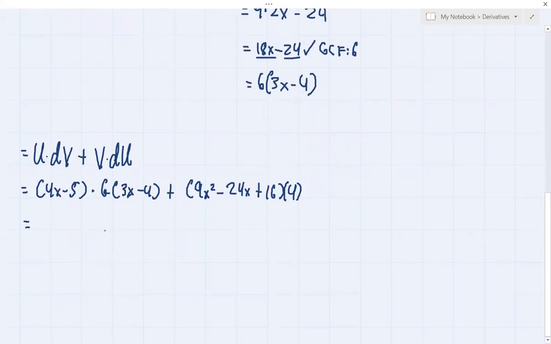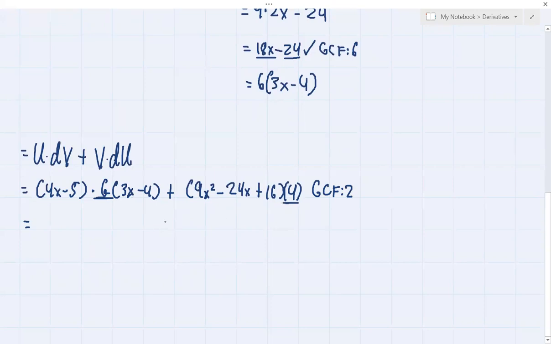The first thing I'll do is factor this out, because the first term and the second term are both divisible by 2.